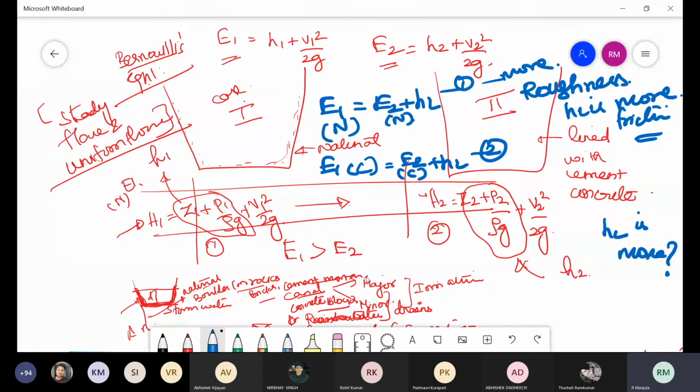So when the channel is lined, you can reduce the losses. When you are reducing the losses, what is your advantage actually? Anybody?